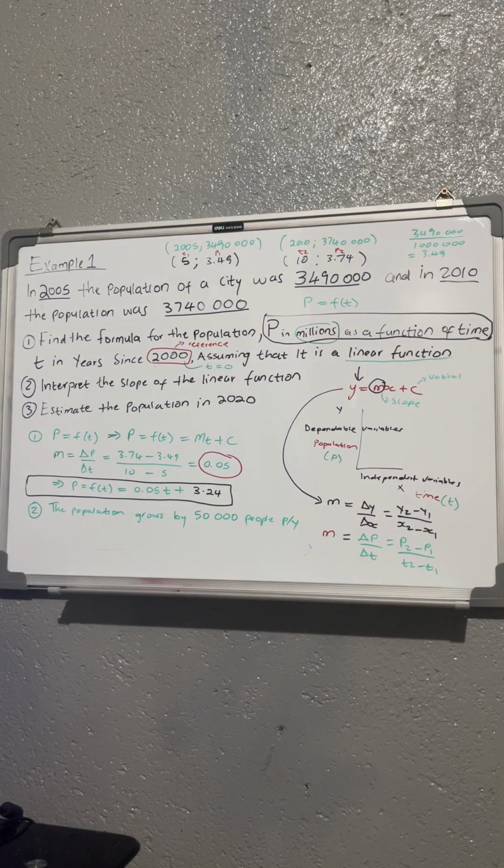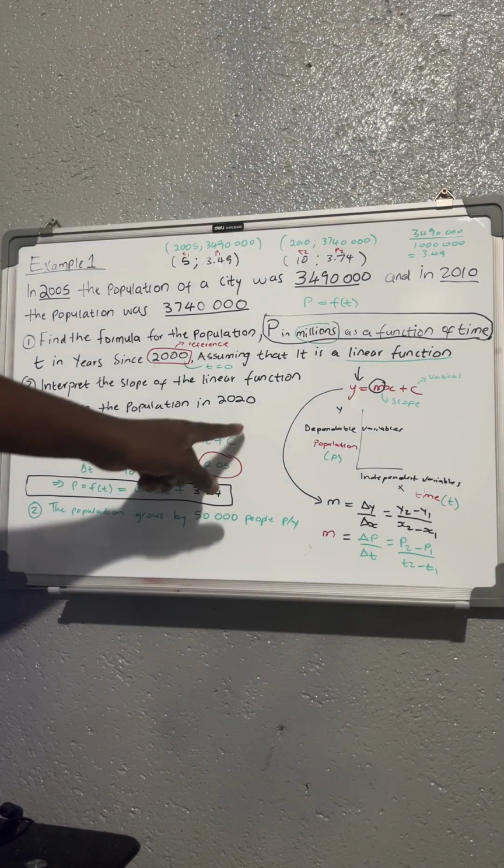You're just going to write it in a full sentence, or you can just say the population is growing constantly by 50,000 per year. Even that one is still appreciated. So now they say estimate the population in 2020.